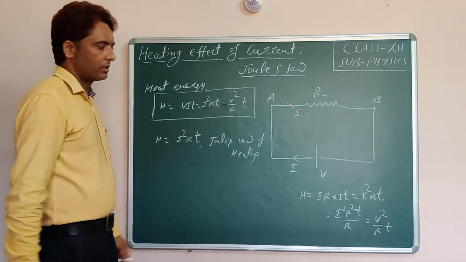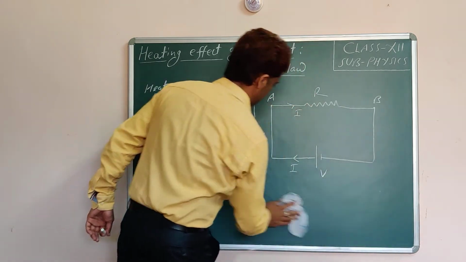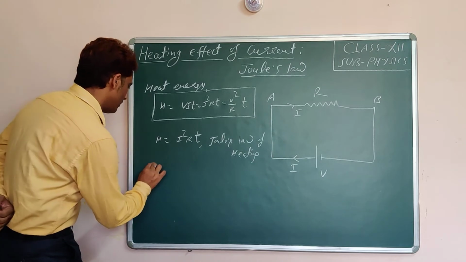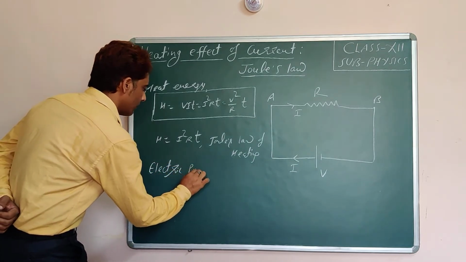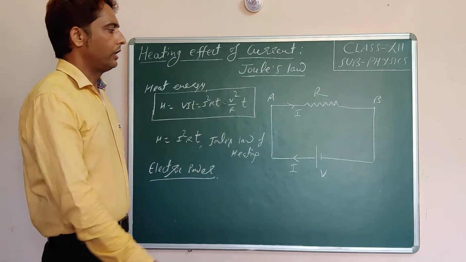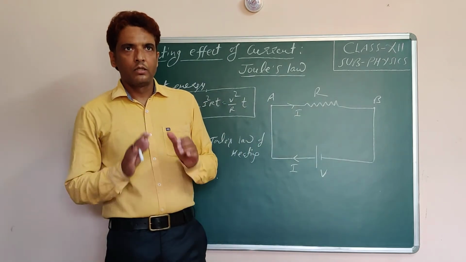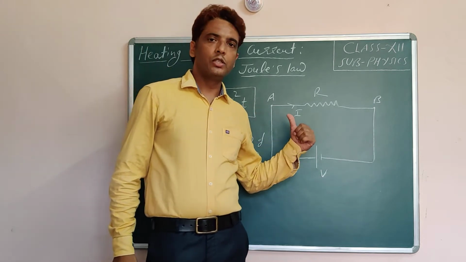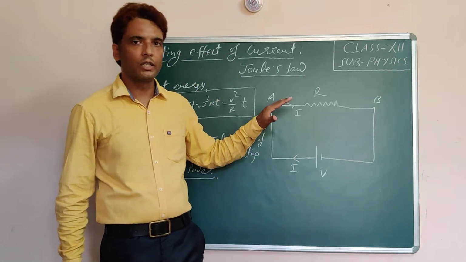Now next we discuss electric power. As I said, in order to maintain the flow of electric current in a conductor, some work must be done, and this work done is due to the applied potential difference across the ends of the conductor.